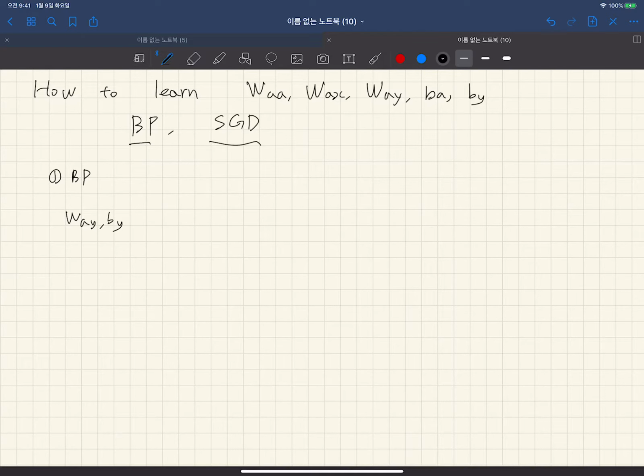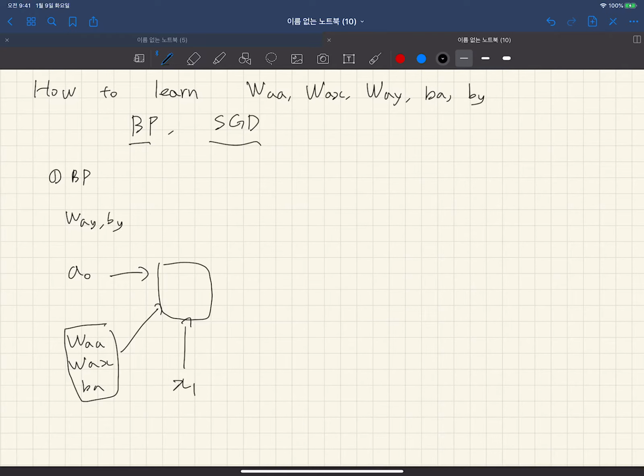And we also have parameters WAA, WAX, and BA to generate the hidden state vector A. At the beginning, we start from some predefined initial hidden state A0, and the A0 and the parameters WAA, WAX, BA, and X1, the first input, go to some linear function, right?